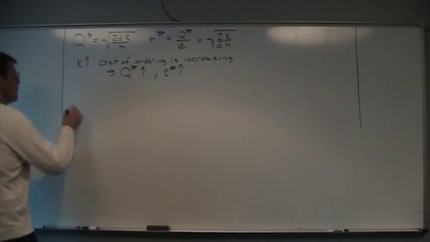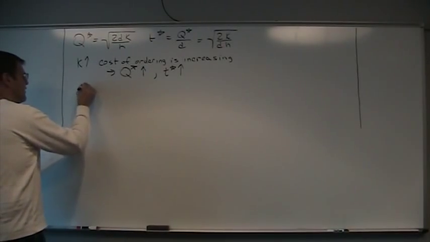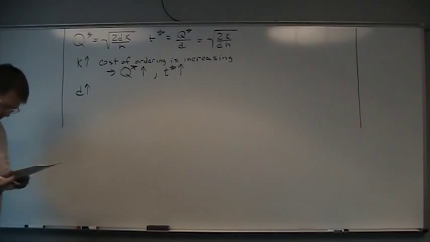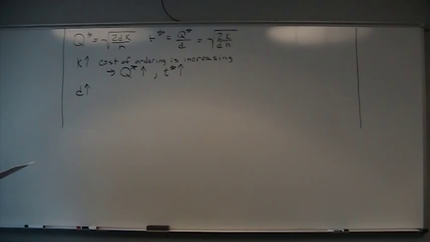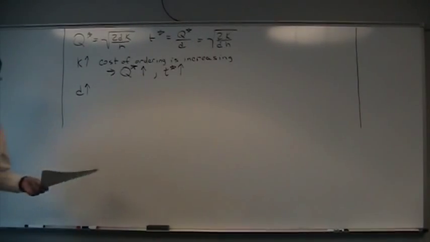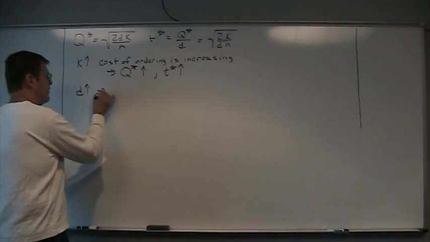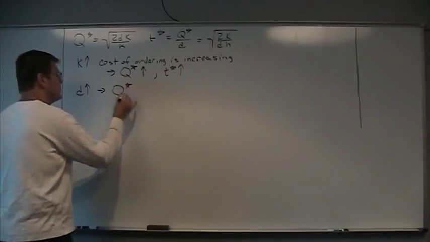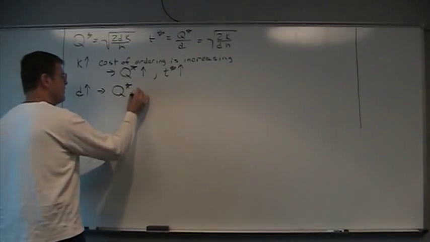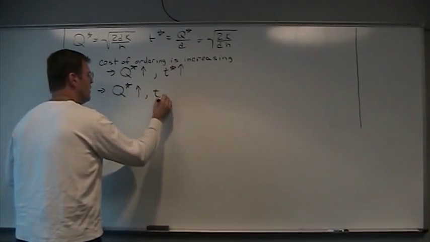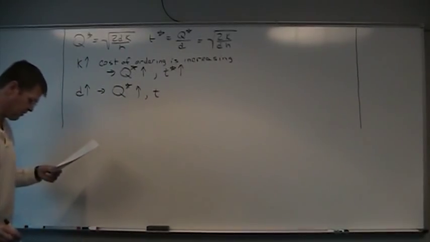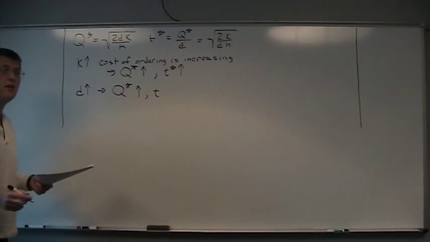Okay. Now, as far as D increasing, the demand rate is increasing. Again, just like with a lot of these other things, we're saying all other things remaining constant. If you have higher demand, then obviously you have to order more, so Q star is going to increase. Will T star increase?